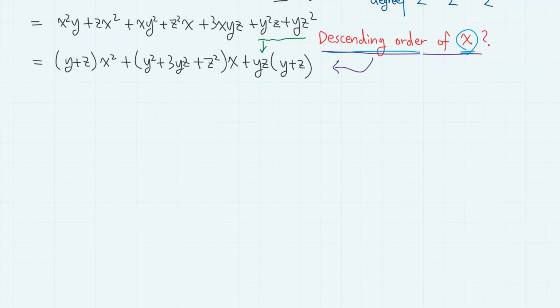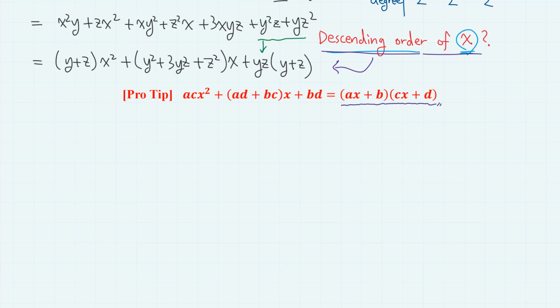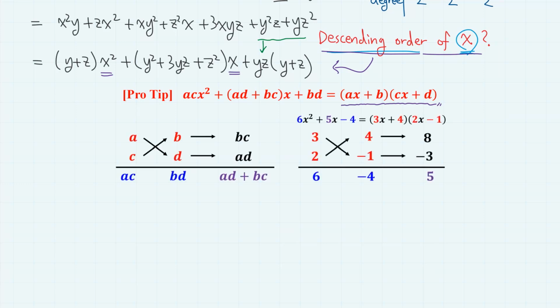Well, we still cannot find the common factor, but we can find out something else. This might take some experience and intuition to find out. You can think of this as a trinomial of x, which can be factored into (ax + b)(cx + d), if you consider x as the only variable and consider the y and z terms as coefficients. You see, the method of applying this formula can be easily done like this.